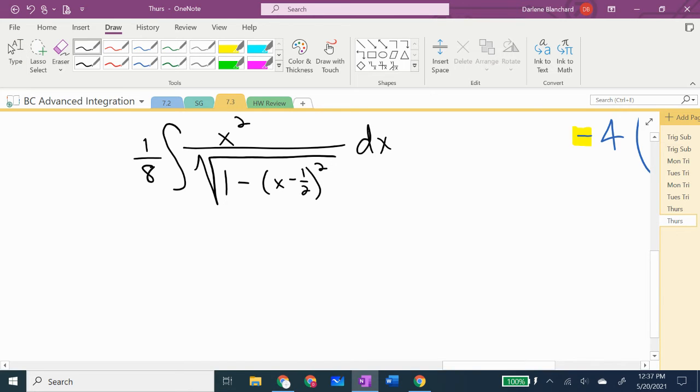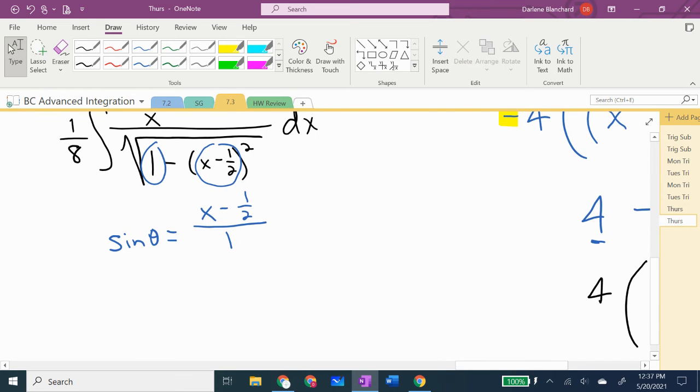Due to the order of subtraction, I want to use sine theta. The function being squared is x minus 1/2. The number being squared is 1. I need to take the derivative. And it would help if I made a right triangle.